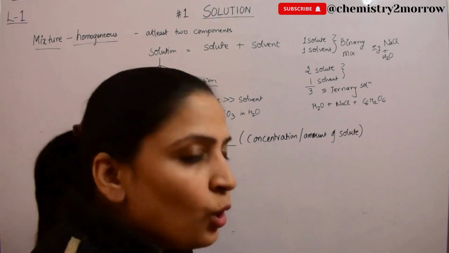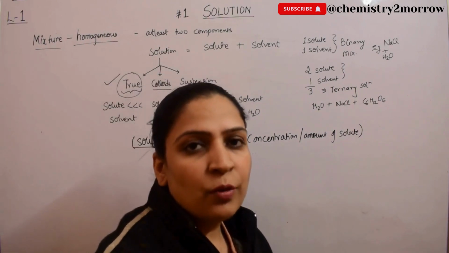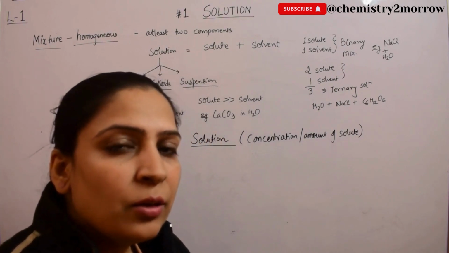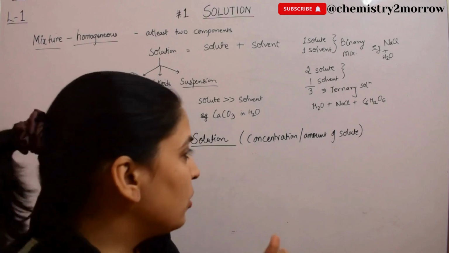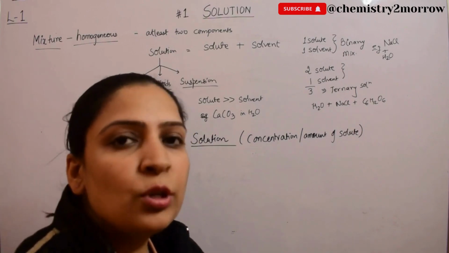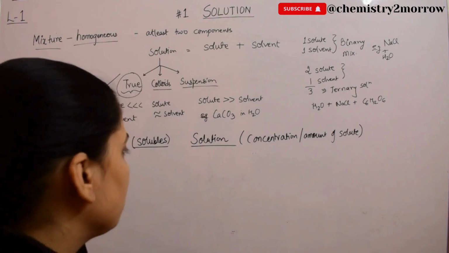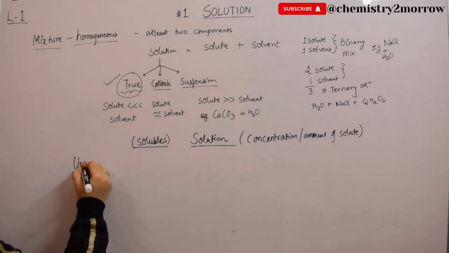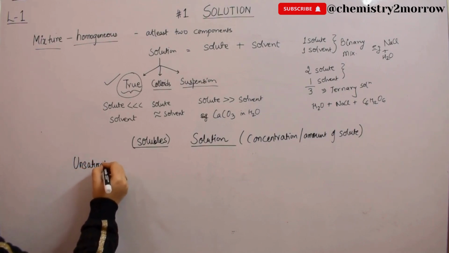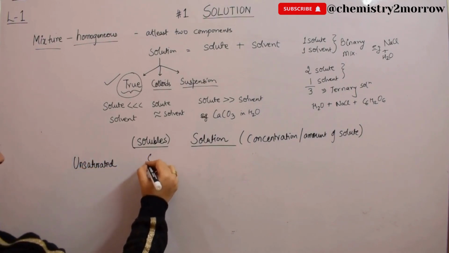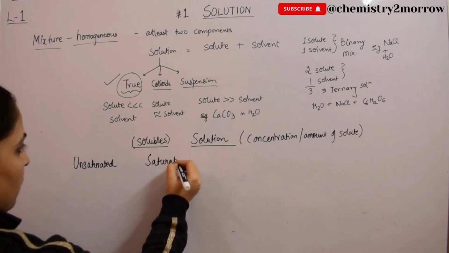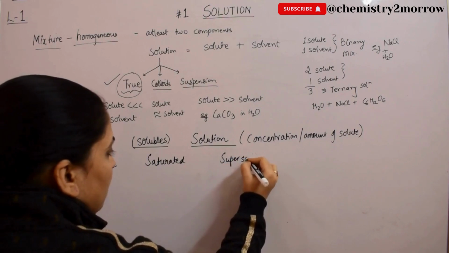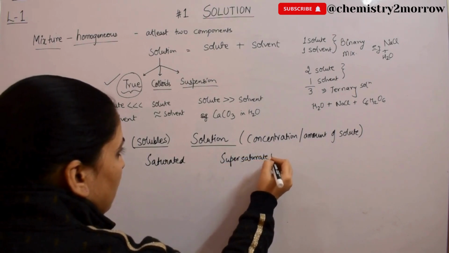So the solute is able to dissolve or interact with the solvent molecules, and based on that, how the concentration affects the overall solution and how various solutions are classified accordingly. So first one is unsaturated solution, saturated solution, then there is supersaturated solution.